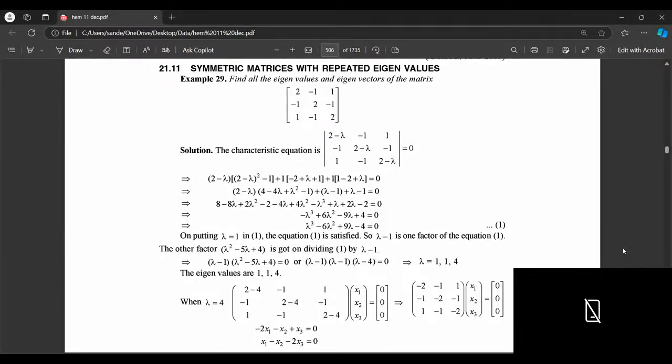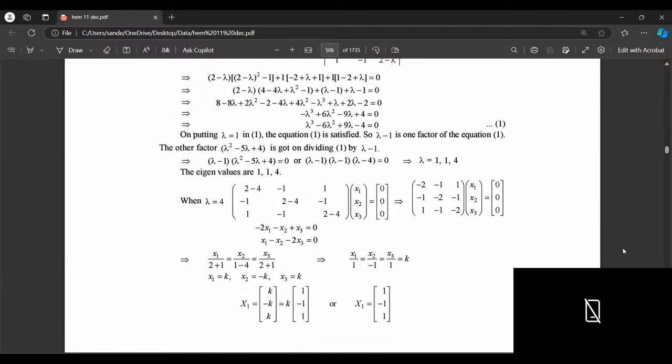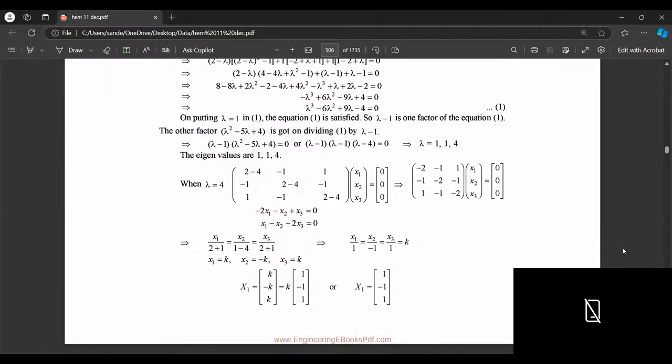And roots will be lambda equal to 1, 1, 4. Means two roots are equal and other is different. So you may choose this way. Put lambda equal to 4 to find eigenvectors.